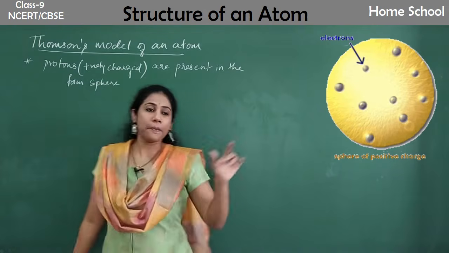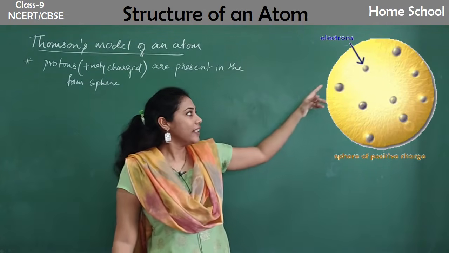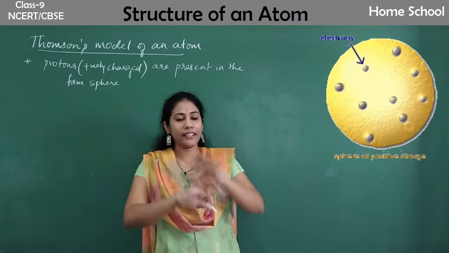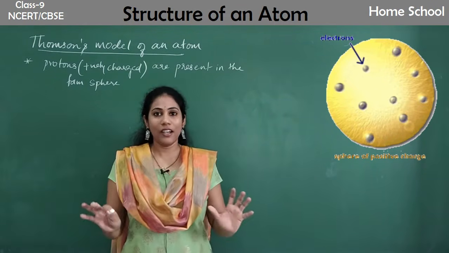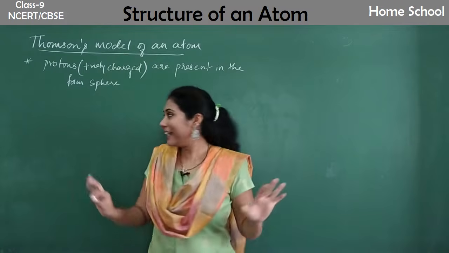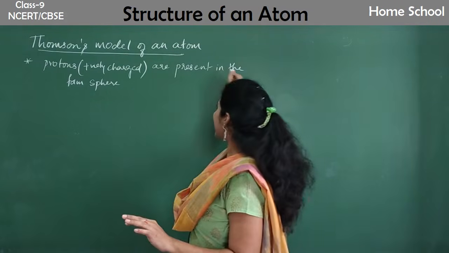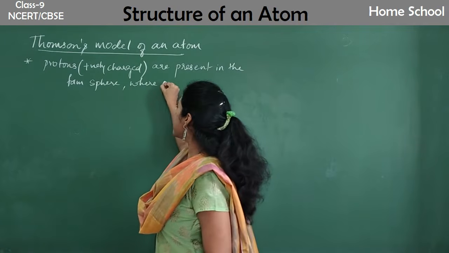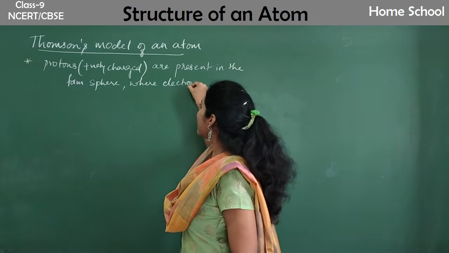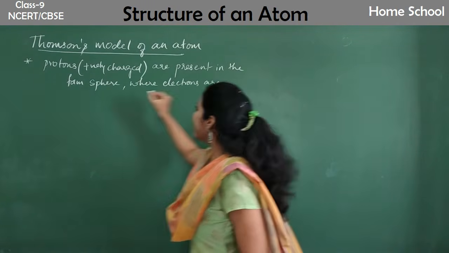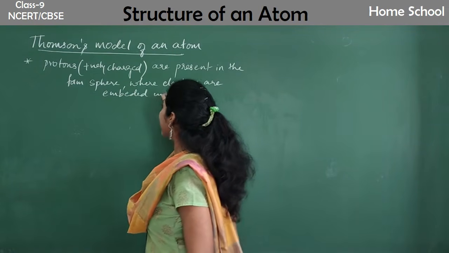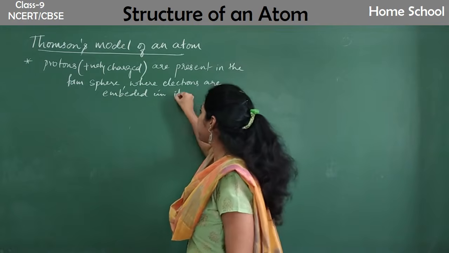You can observe the picture there. One sphere means one uniform area, one common area. So protons are present in the form of a sphere where electrons are embedded in it. Embedded means they are fixed in it.